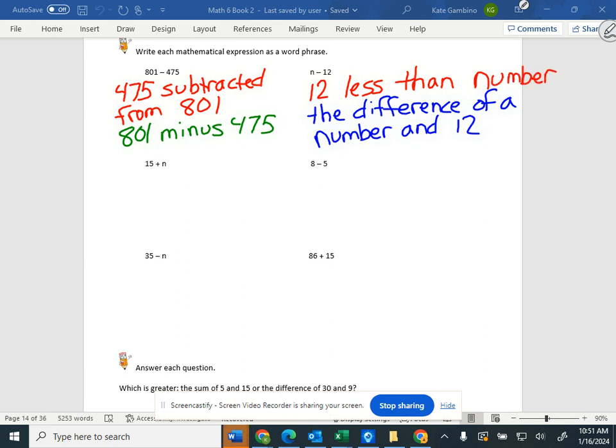I need to write it out. 12 less than a number. So you're not going to use the variable in the expression when we're writing out, you're going to use a number. So the difference of a number and 12. So we know it's that number. We're subtracting away the 12. Does that make sense? Any question?